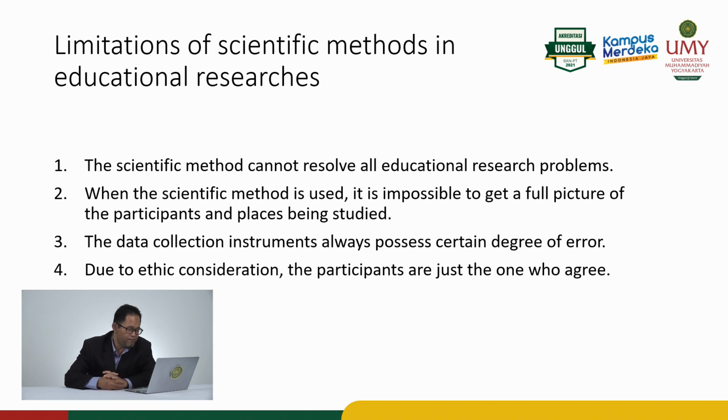The second one, when the scientific method is used, it is impossible to get the full picture of the participants or place being studied. Because as you do research, you use samples, not the whole thing. So you cannot have a full picture, really full.